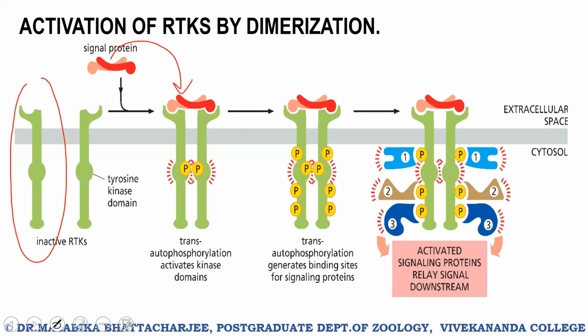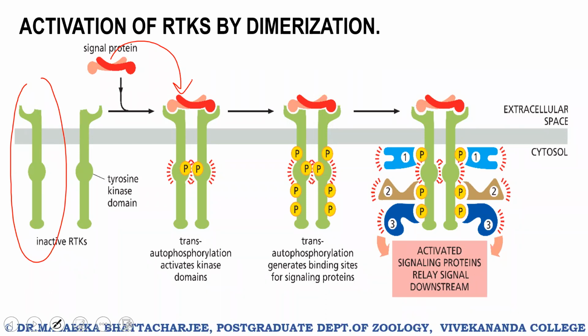This phenomenon is known as dimerization. So the monomers join to form a dimer. And since the receptors have come close to each other, they are in close proximity. Once you're close, these are two biomolecules that have become very close to each other.